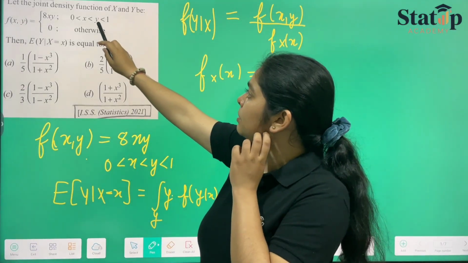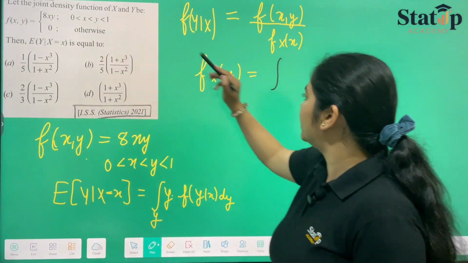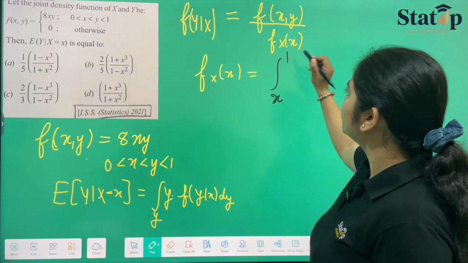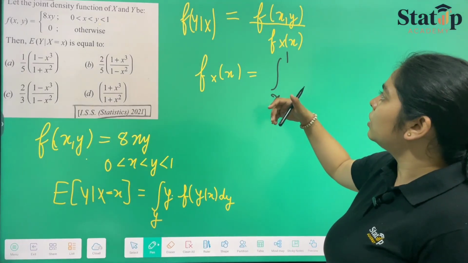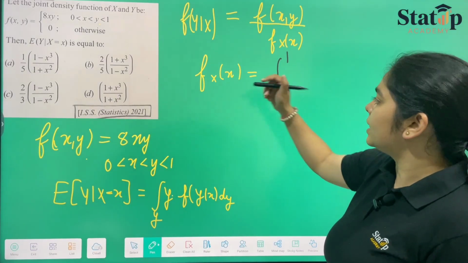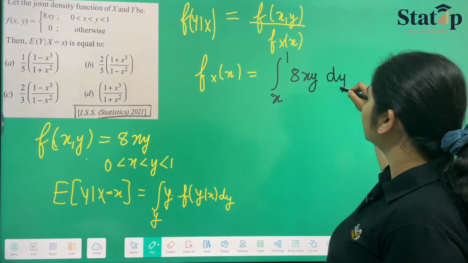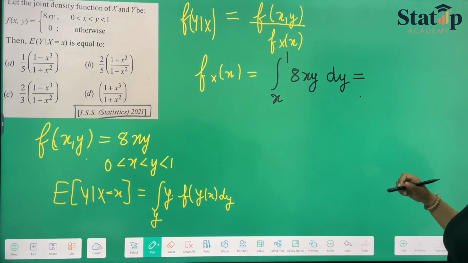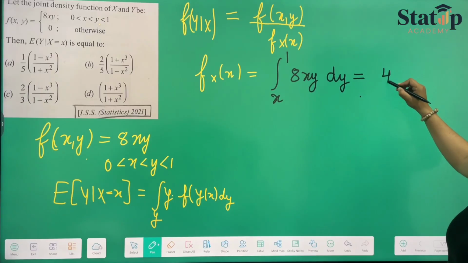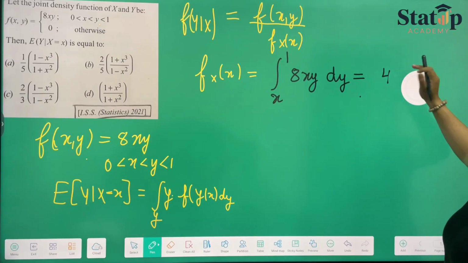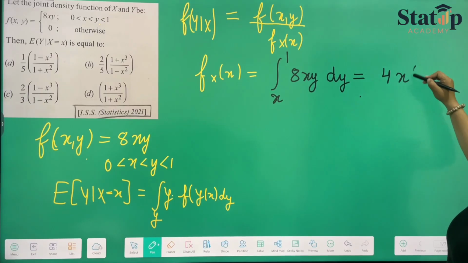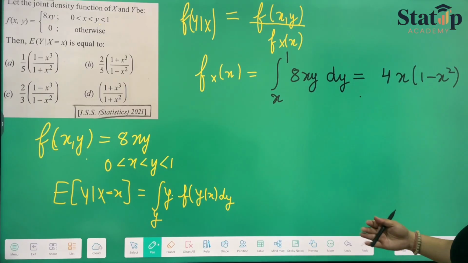From here, the limits of y are from x to 1. So x to 1, and the joint PDF 8xy with dy. From here, we get our answer as 4x into 1 minus x square. This is our fx.